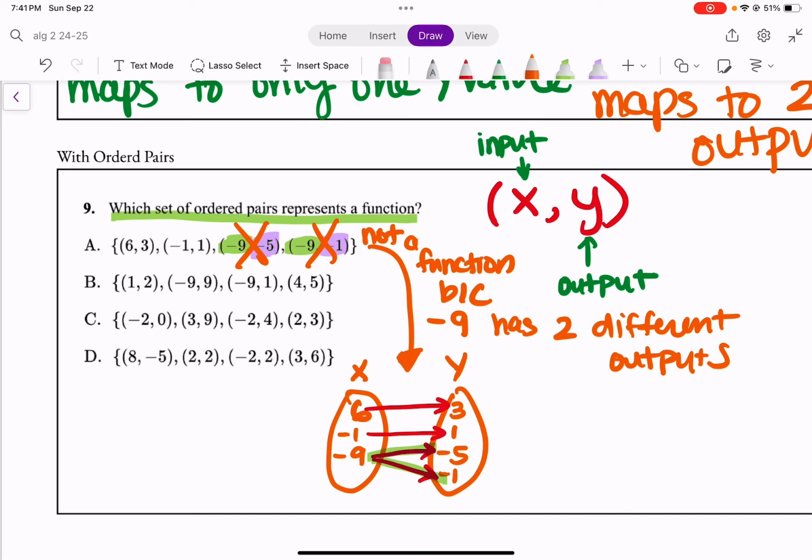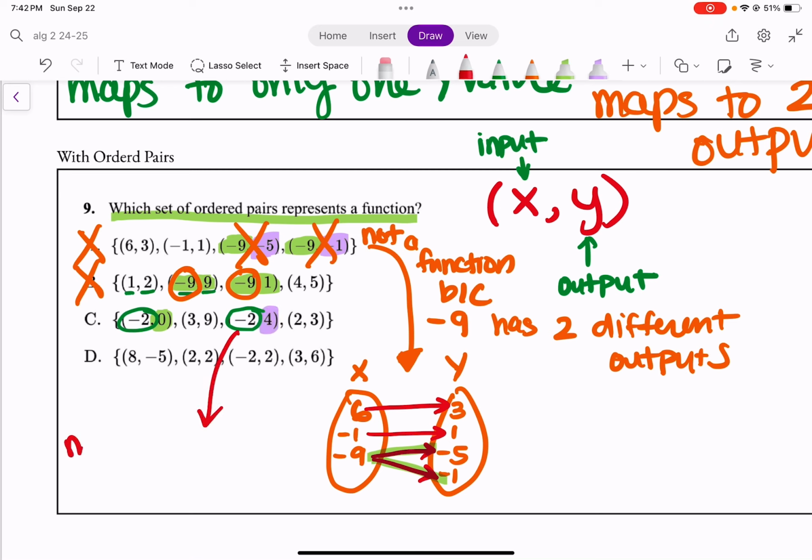So similar, if we look at the second one, okay, 1 is 2, negative 9 is 9. If we notice, these both have negative 9s, right? So this is a problem again because negative 9 shouldn't be going to two different outputs, right? So this is, again, also not a function, right? If we look over here, we have negative 2 and negative 2 twice going to 0 and 4. Again, this is not okay, right?